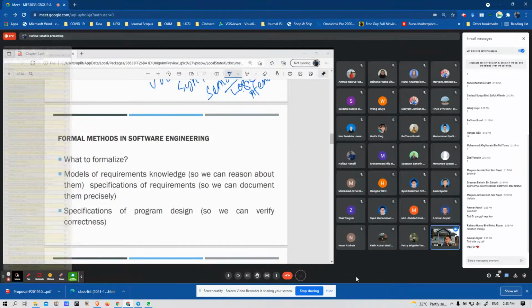Basically, what to formalize? We formalize the design. Basically, this is for the reliability.